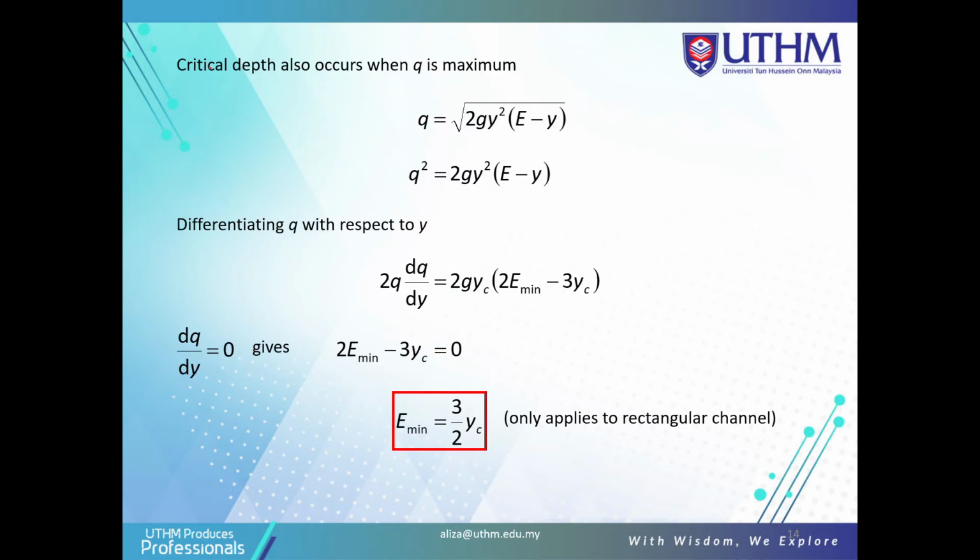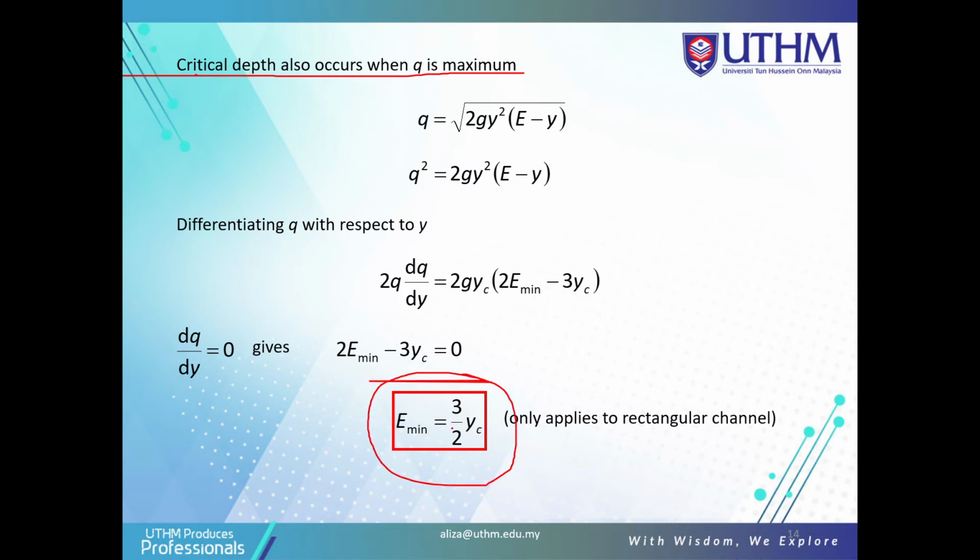Now we look at the critical depth, which also occurs when Q is maximum. So from the Q here, based on the previous slide, we just put the E here and differentiate Q with respect to y. So you get the E minimum, until you get this formula.